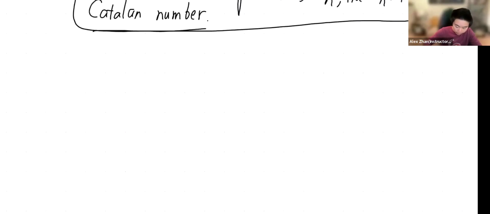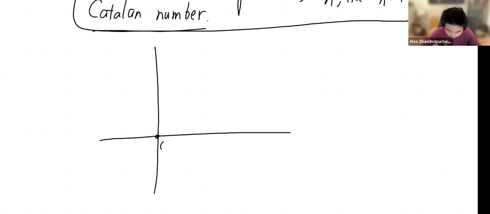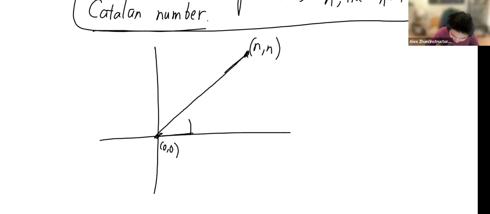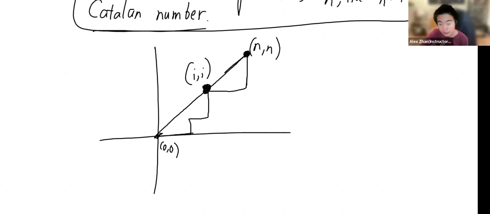I will draw a new graph here: 0, 0, point n. Suppose we have a grid walk, and the first time it touches the line is at the point I. I is the unique first time it touches.